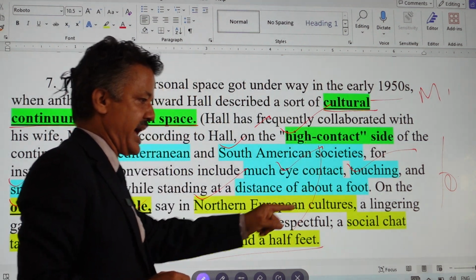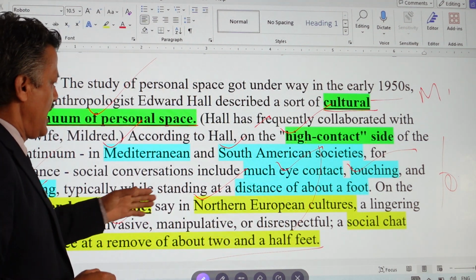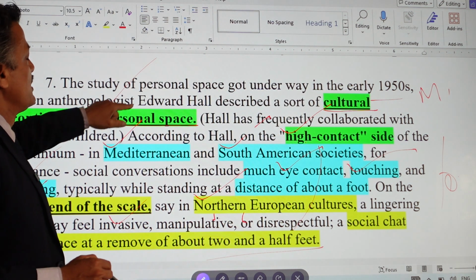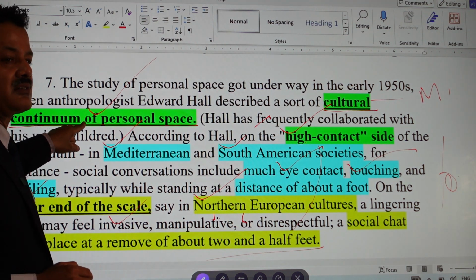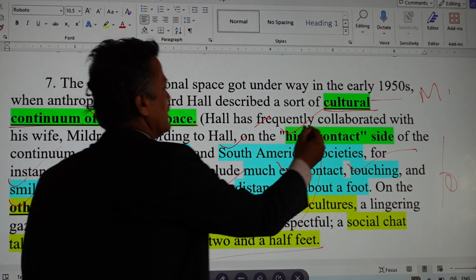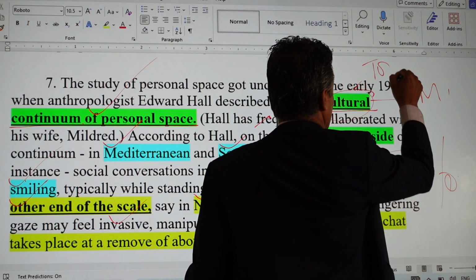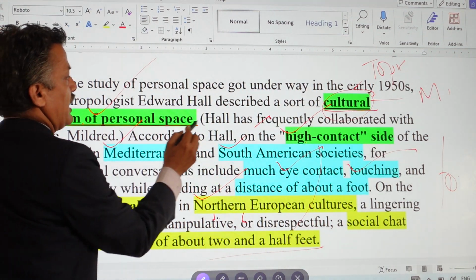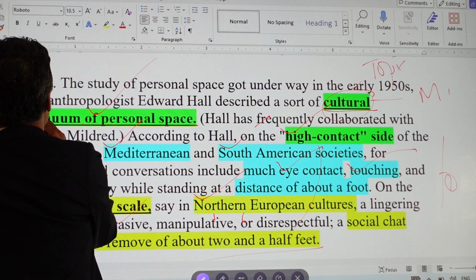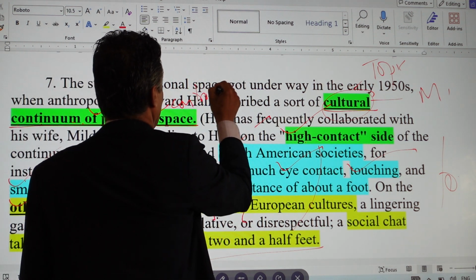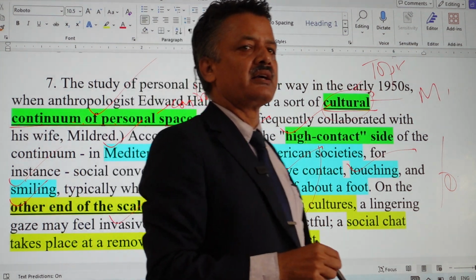Cultures have high contact, cultures have low contact, high contact has this feature, low contact has this feature. Therefore, cultures have a continuum of personal space. Here, culture is the topic, and have a continuum of personal space. This is the controlling idea.